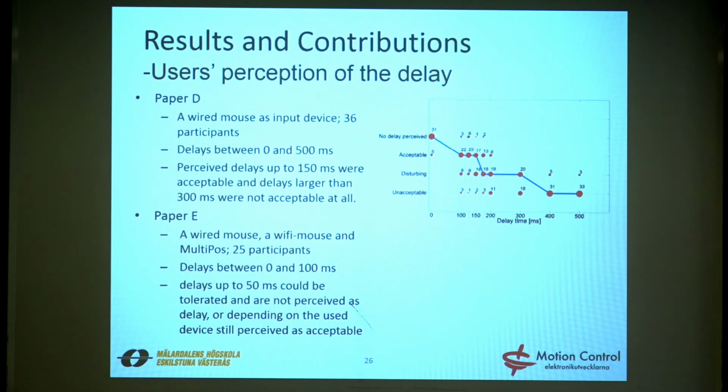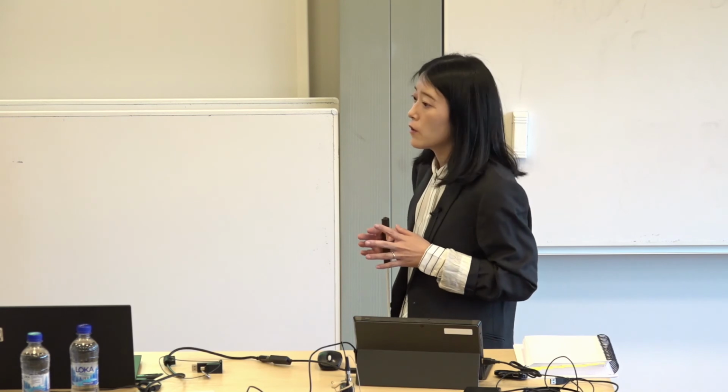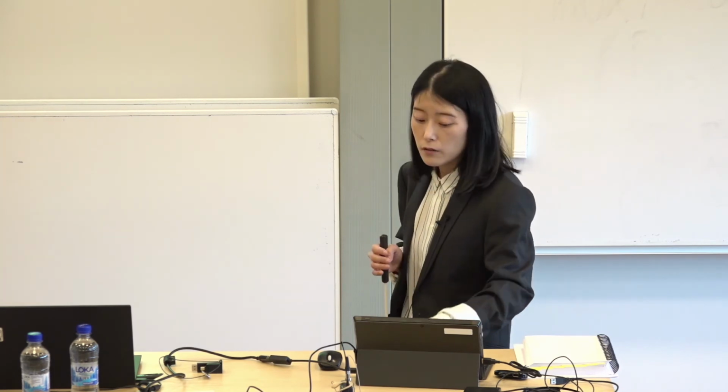And in paper E, we used different computer input devices: a wired mouse, a Wi-Fi mouse, and a MultiPos system with a MEMS gyroscope. For a more detailed threshold for signal processing, we set the delay between 0 and 100 milliseconds.